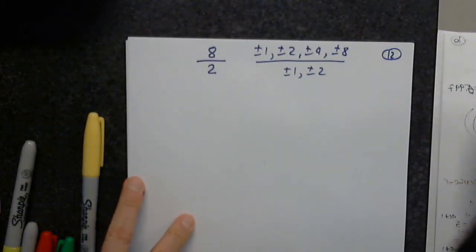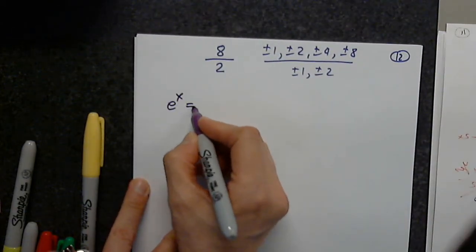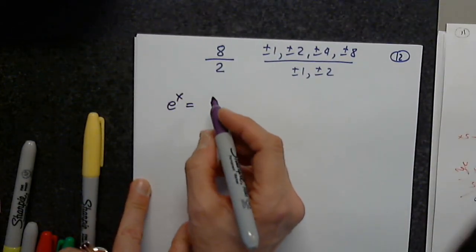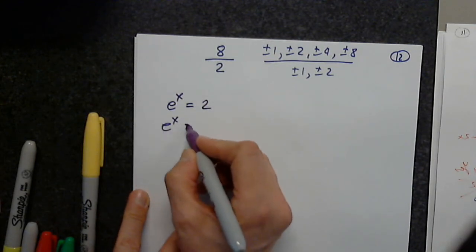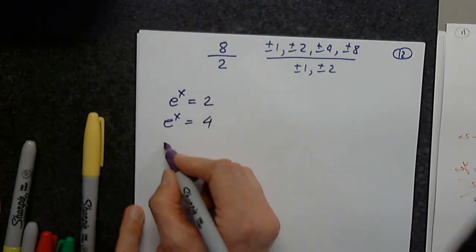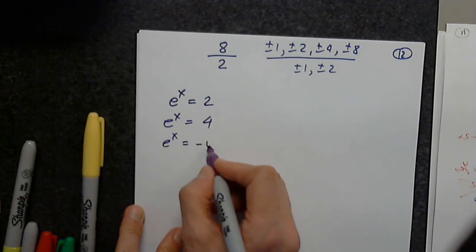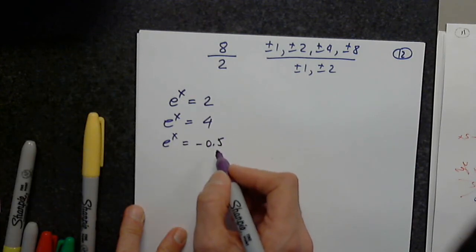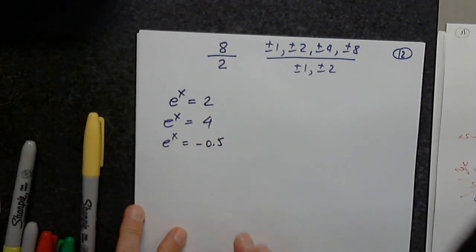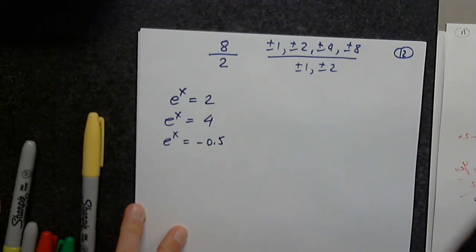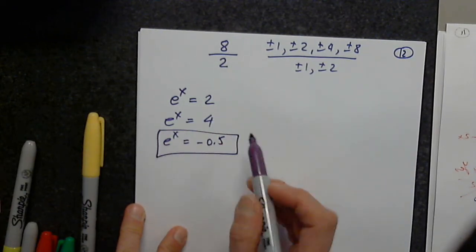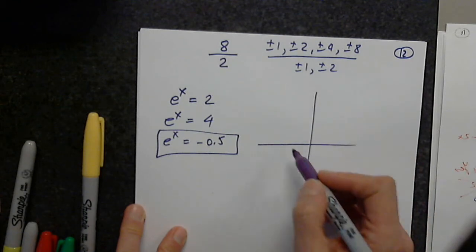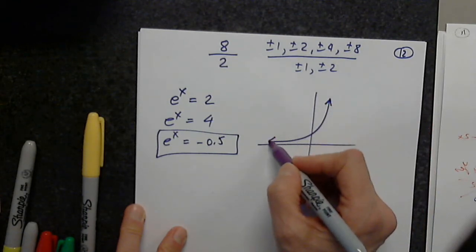So then I'll say e to the x, because that's our t, equals 2. E to the x equals 4. And e to the x equals -0.5. Obviously, this is impossible for e to the x. If you remember, the graph of e to the x is this.